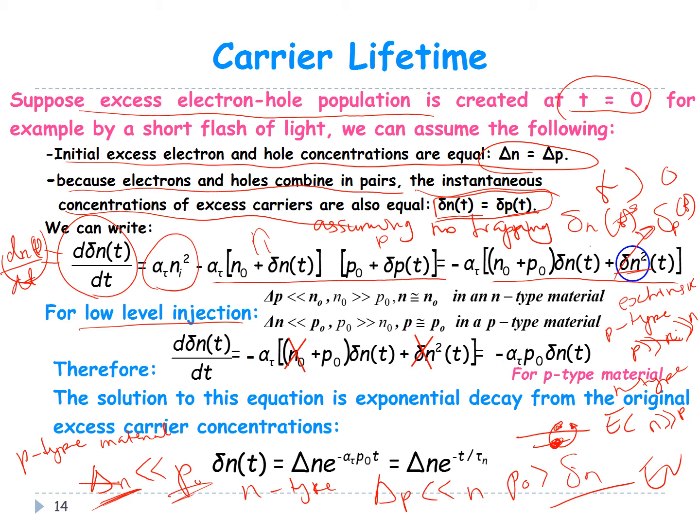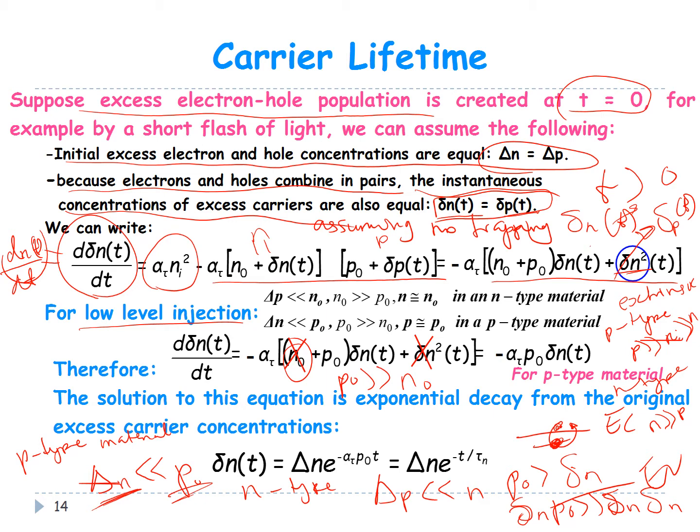So because of this, in this case, delta n squared we can get rid of. And another thing is we can also get rid of n naught, because in an extrinsic material, p naught is much greater than n naught, so this one can go.